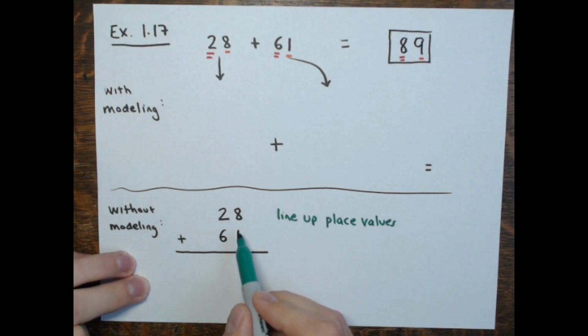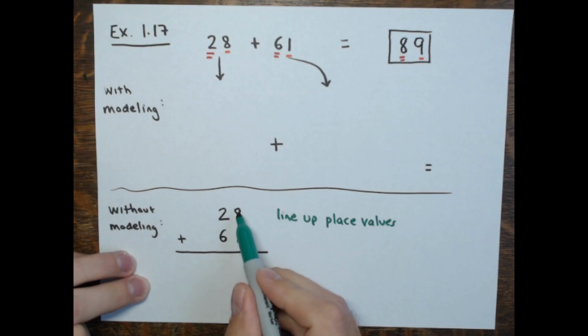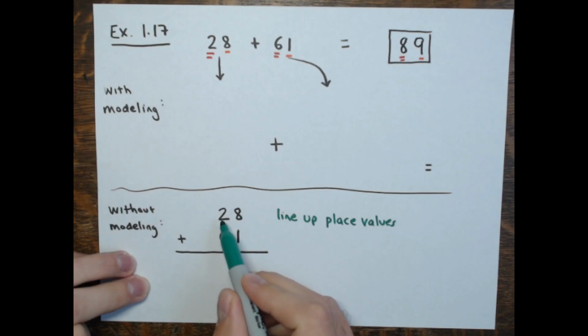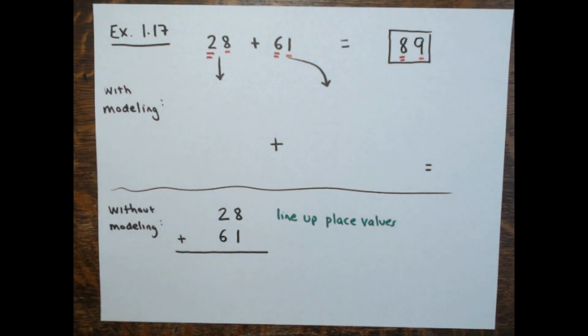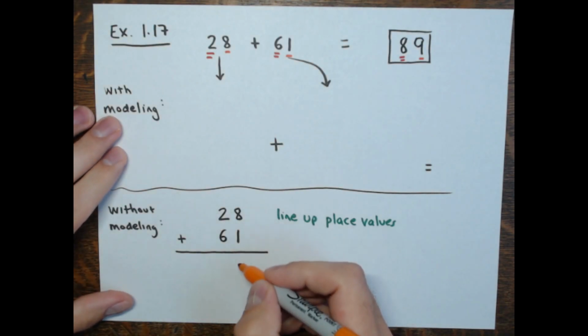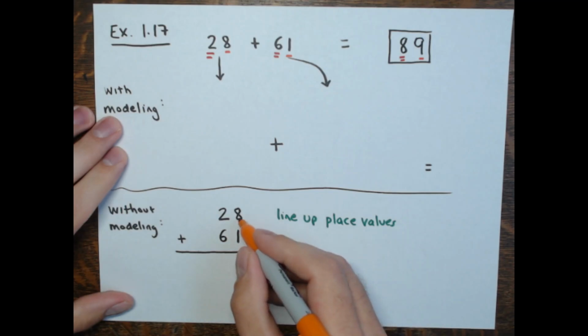See, I've got the ones lined up, 8 ones and 1 one, and I've got the tens places lined up, 2 tens and 6 tens. And then you just add up the place values.